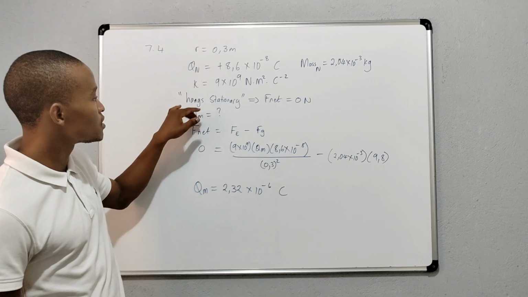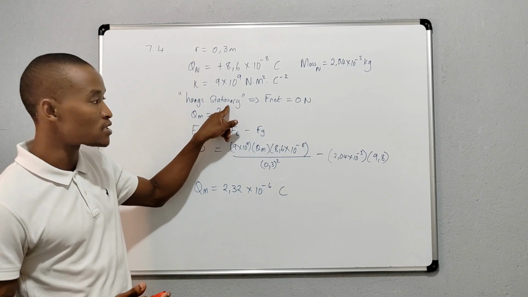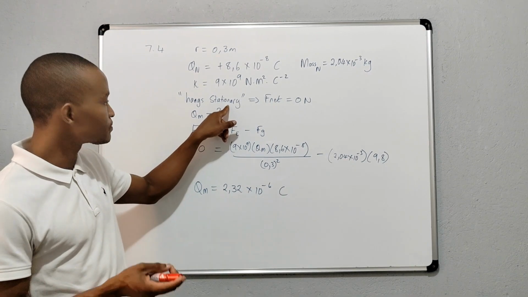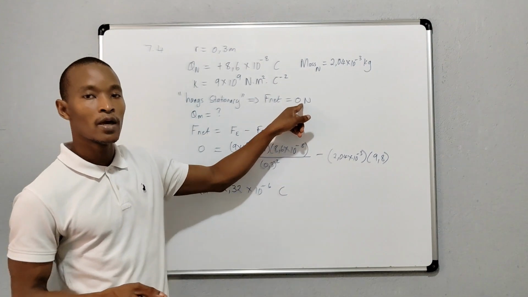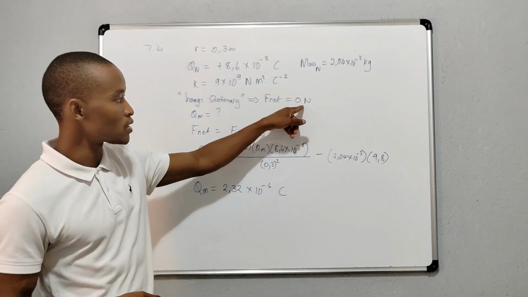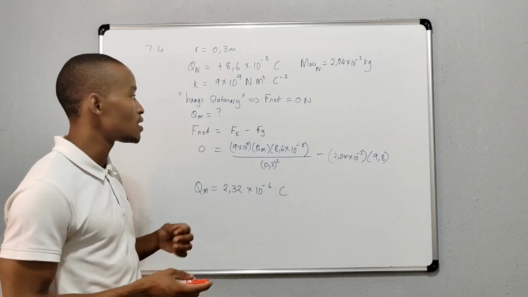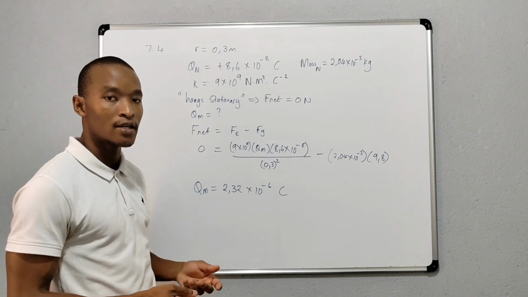We have our constant, and the keywords that come from the context itself, that charge N hangs stationary, implies that the net force acting on charge N or sphere N is equal to 0 newtons. Okay, in other words, between the 2 spheres M and N, there is no net force. Actually, the forces are at equilibrium.